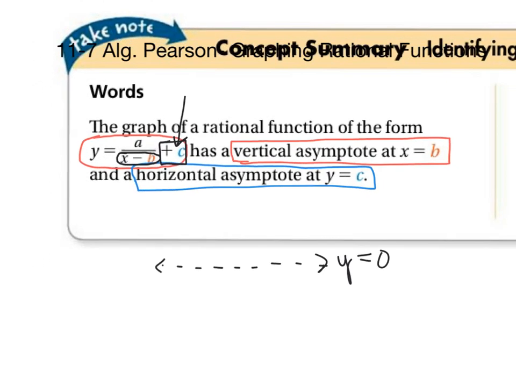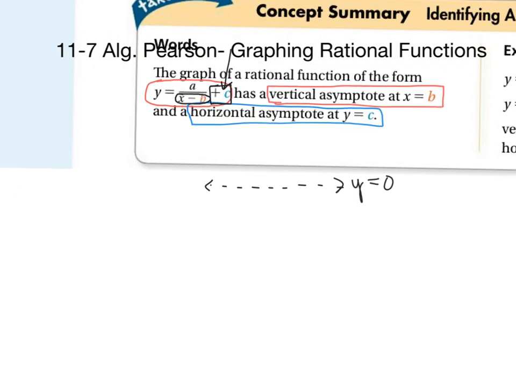And so if you think about that, going back to, let's say we had, like yesterday, y equals 1 over x minus 3. So our vertical asymptote would be x equals 3, because that would be what would make the denominator 0.